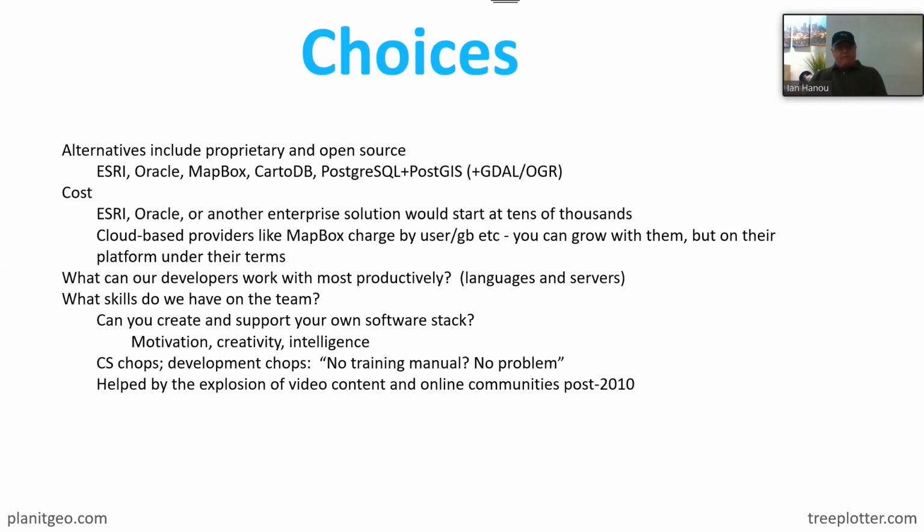We had to ask ourselves, what can our developers work with most productively? That's an important choice. If you have a team that is experienced in .NET or a team experienced in Java or anchored in any technology, that's going to influence your decision.